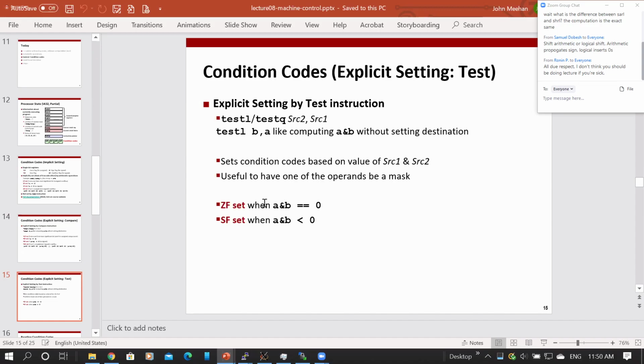That there's no position in A and B where they have a 1-bit set in the same position. And if I AND the two together and create something that looks negative, with a 1-bit on the leftmost bit, then the sign flag would be set, right?